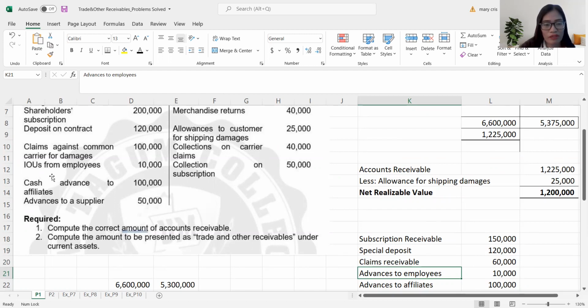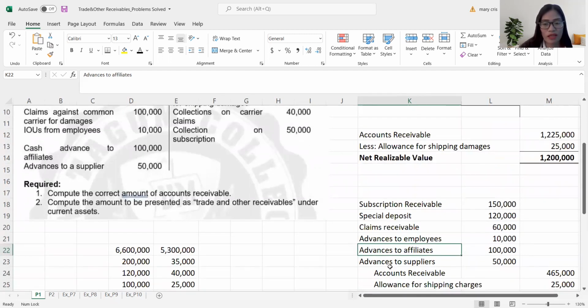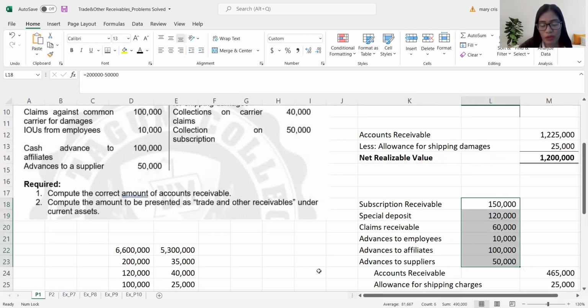Another is the advances to affiliates, 100,000, which should also be separately recorded under the appropriate account title, advances to affiliates. Next would be the 50,000 advances to supplier. We should separate these and remove them from the accounts receivable. So these are all our debits. If you add them, the total is 490,000.